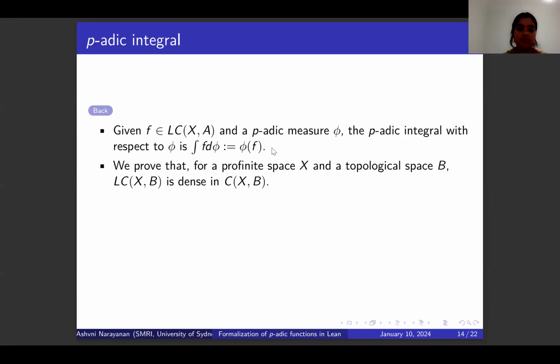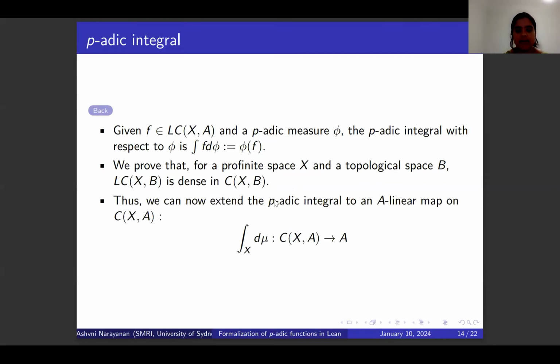And I proved that when X is profinite, then the space of locally constant functions is actually dense in the space of continuous functions. And so the integral can be extended linearly onto the space of continuous functions.